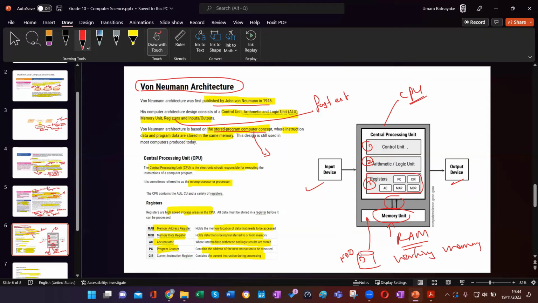So that is known as the stored program concept, where the programs could be written and stored in the hard drive, brought to RAM when they are being run, and the RAM is responsible for feeding the data and instructions to the registers. And registers keep those data and instructions before they are processed by the ALU.